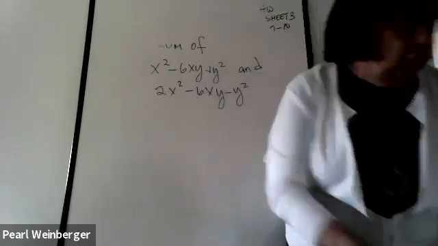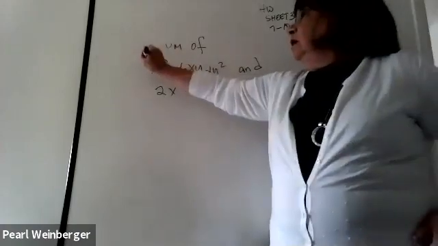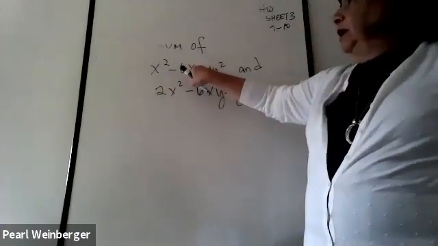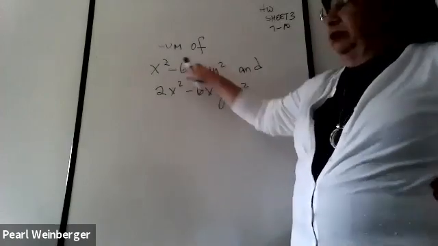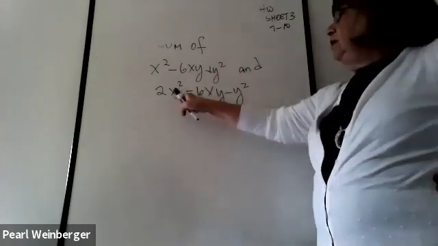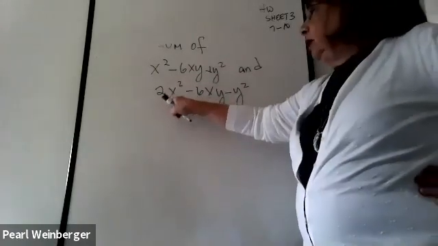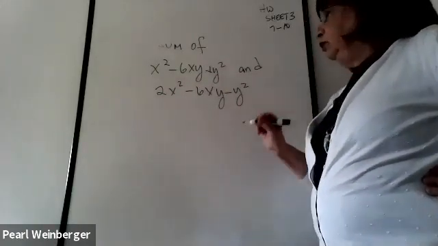I have these two polynomials. The first one, x squared minus 6xy plus y squared, happens to be a trinomial because it has three terms. And the second trinomial is 2x squared minus 6xy minus y squared.